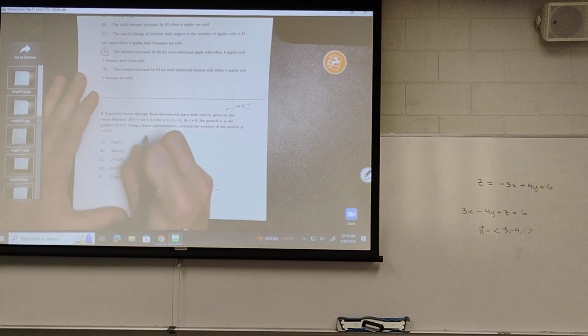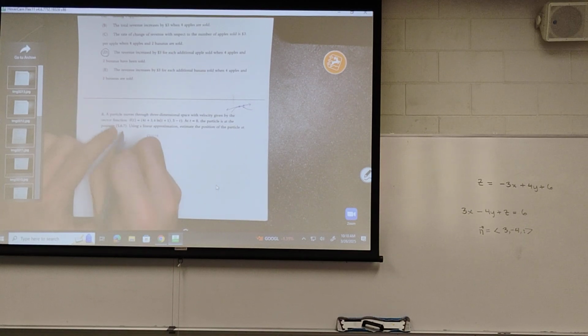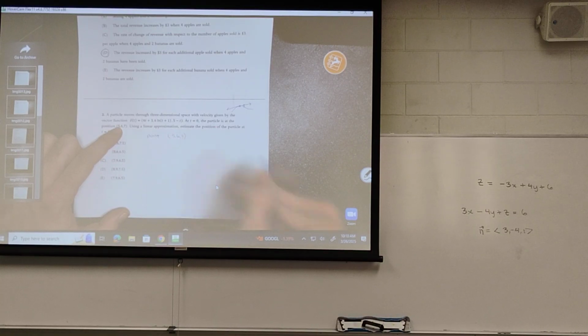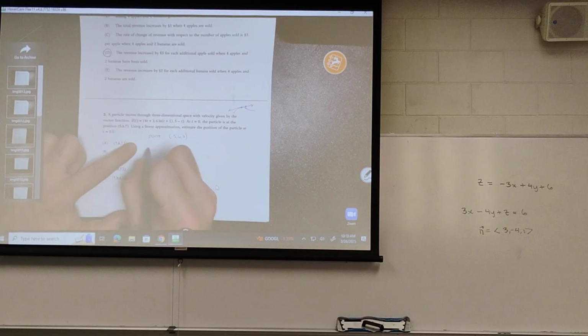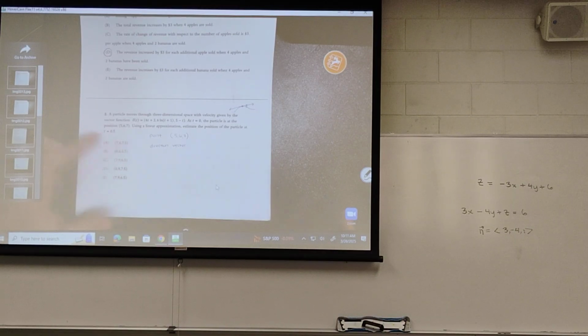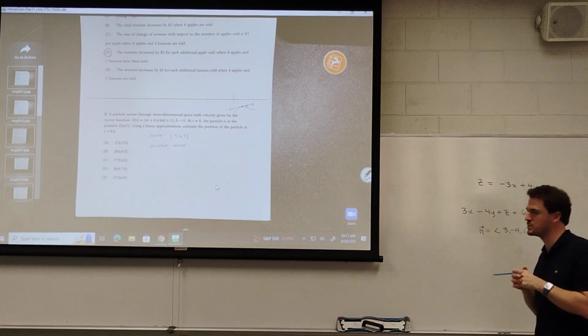So to build a line, I need a point, and the point was given to me as 5, 6, 7. And now I need a slope, but since we're in 3D, that's our direction vector. How can I find the direction that this particle is moving in?